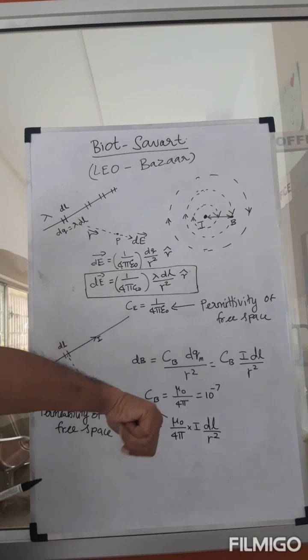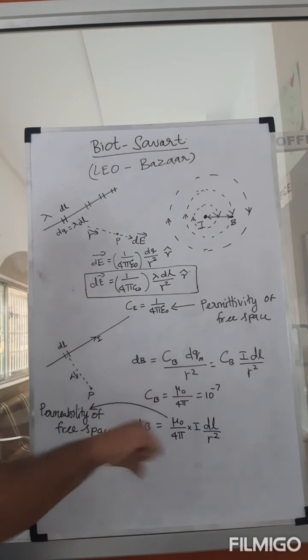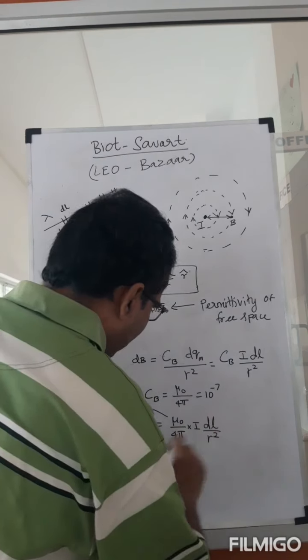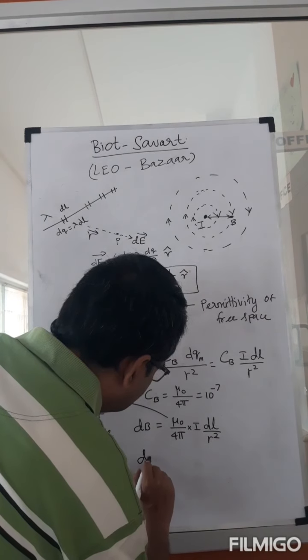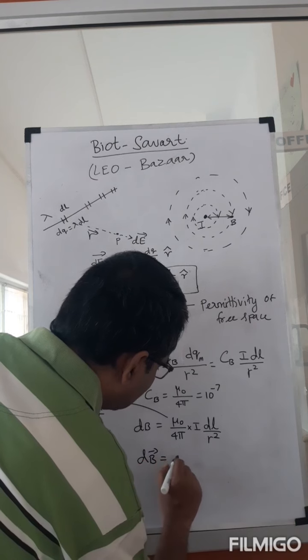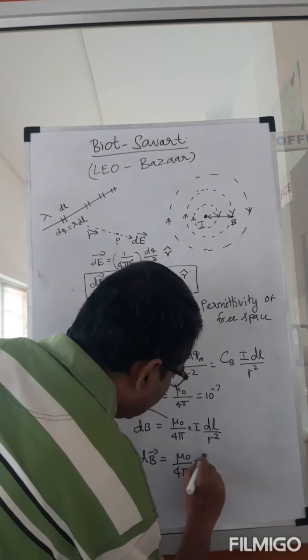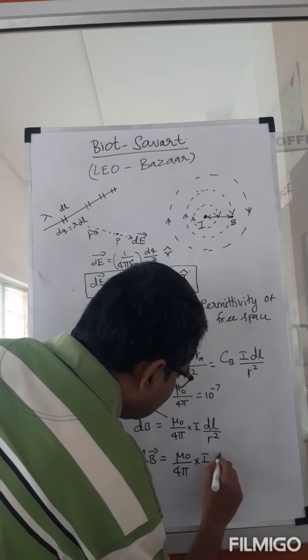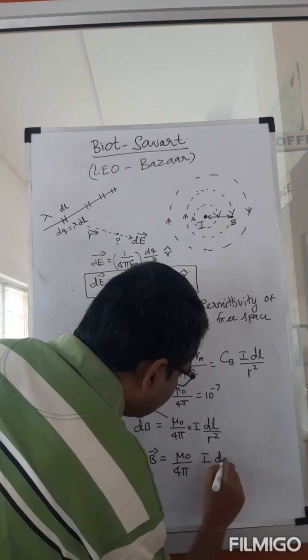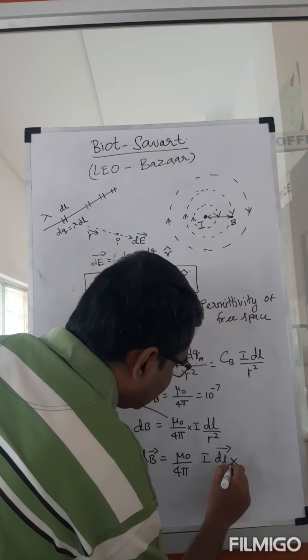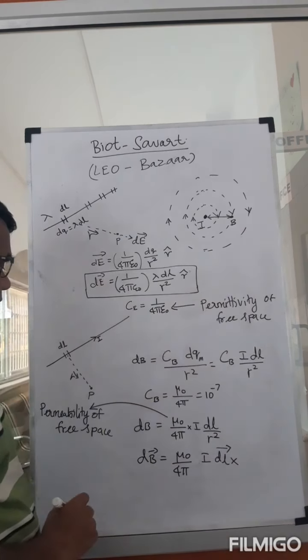So IDL cross R, and then you notice that you get the direction into it. So then I'll say the next step, if I need to get direction, then I'll say dB is equal to mu naught by 4 pi into I dl, the I into dl, it's a vector, cross, what I'm going to do?